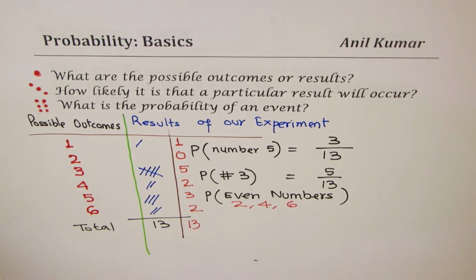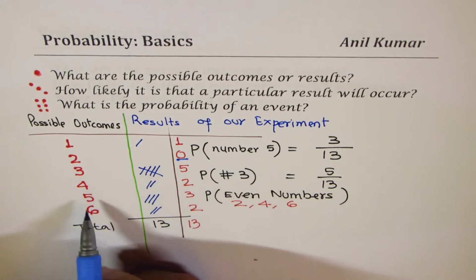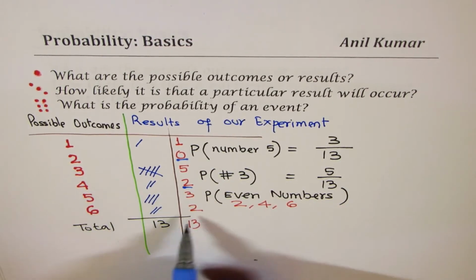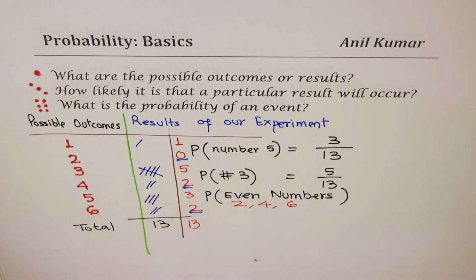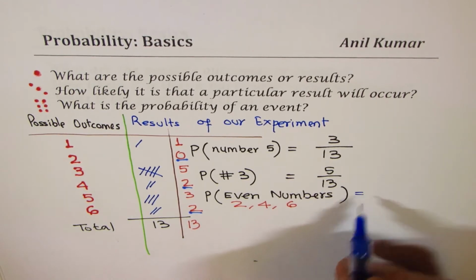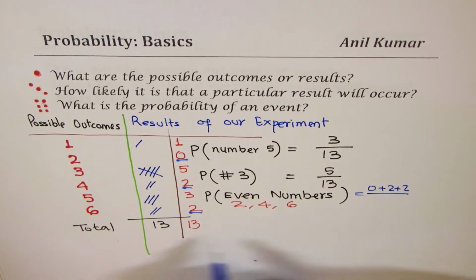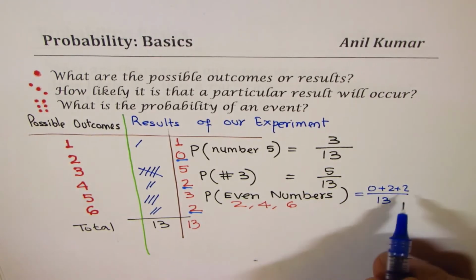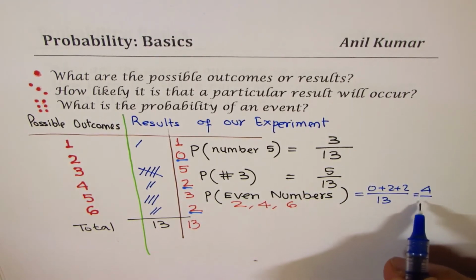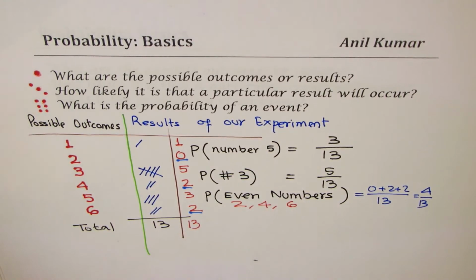In this particular case, for 2 it is 0, for 4 it is 2, and for 6 it is 2. So our result is 0 plus 2 plus 2 out of 13, right? So we got 4 out of 13 as even numbers.